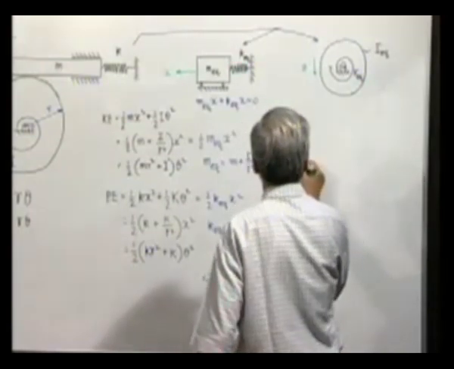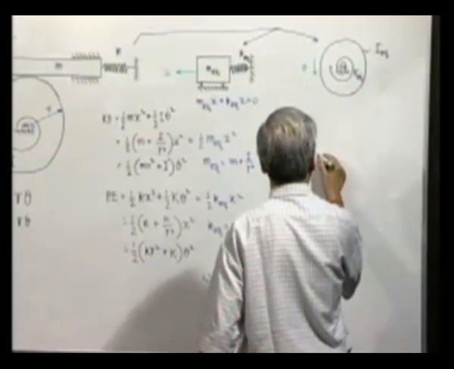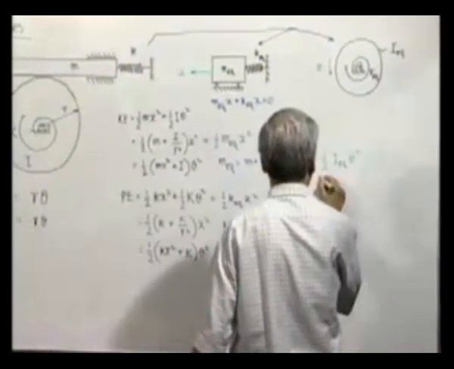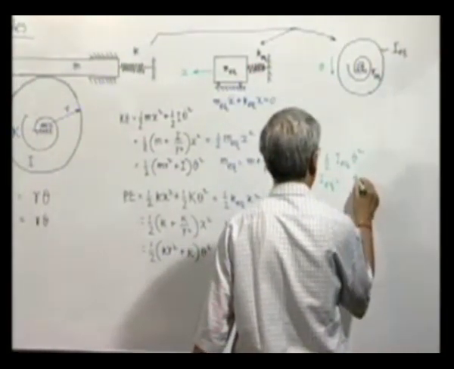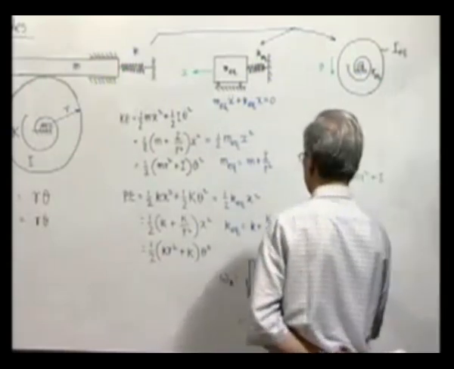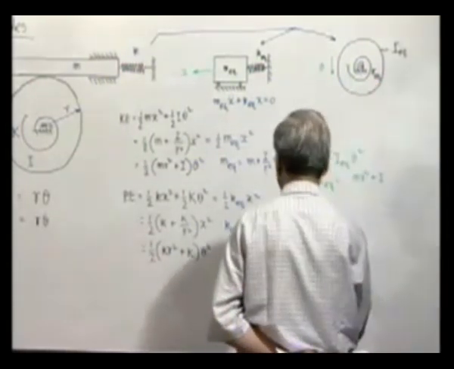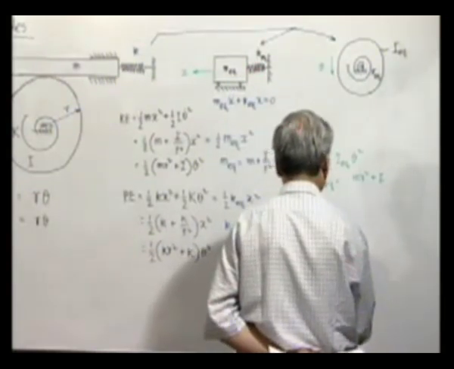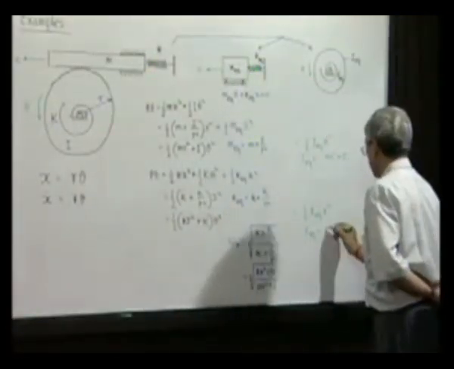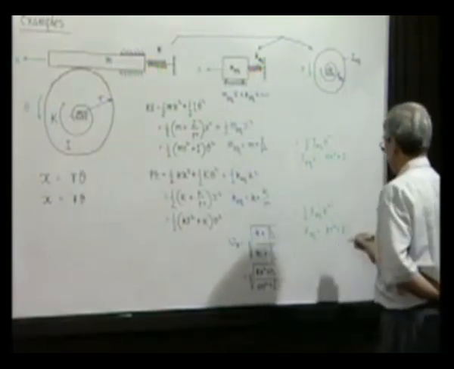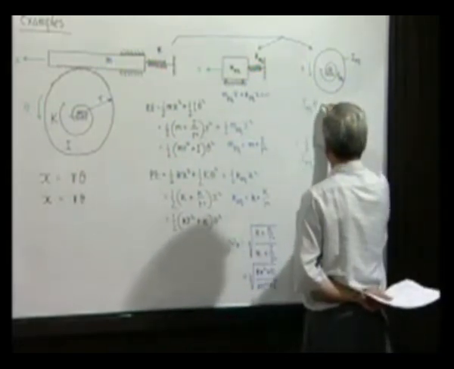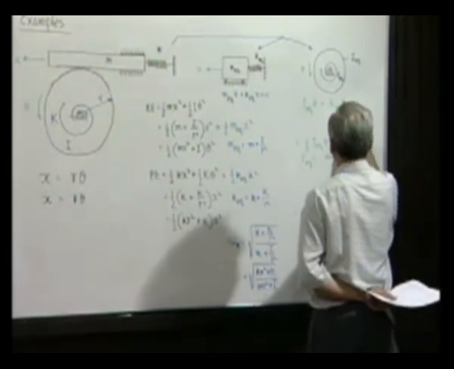Therefore, its equivalent total kinetic energy is half I equivalent theta dot square, and equating these two we get... similarly its total potential energy is half... or K equivalent is nothing but... and the equation of motion of this is nothing but I equivalent theta double dot plus K equivalent theta.